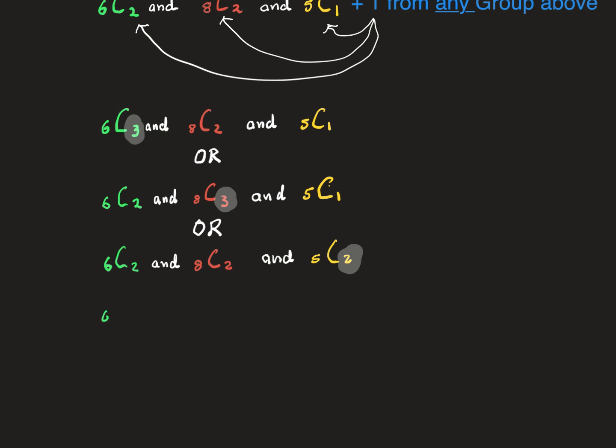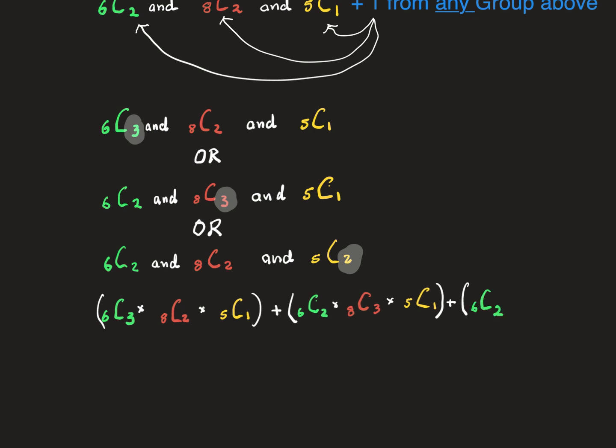This can all be written down as 6 choose 3, multiplied by 8 choose 2, multiplied by 5 choose 1, and this is going to be added to 6 choose 2, multiplied by 8 choose 3, multiplied by 5 choose 1, and this will once again be added to 6 choose 2, multiplied by 8 choose 2, multiplied by 5 choose 2. And this is one way of writing it.